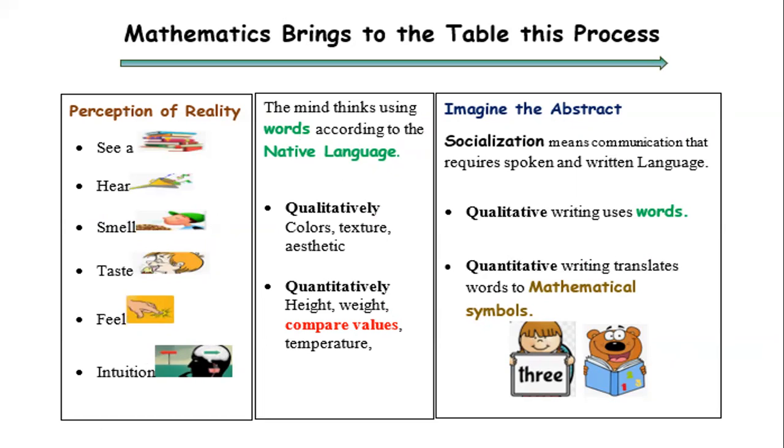Okay, if it's English or French or Spanish or German or Latin or Chinese, whatever your native language, that's how you think using words. And you can think qualitatively using adjectives and nouns, colors, texture, aesthetics. And you can think quantitatively, measuring and counting, the height, the weight, compare values, the temperature.